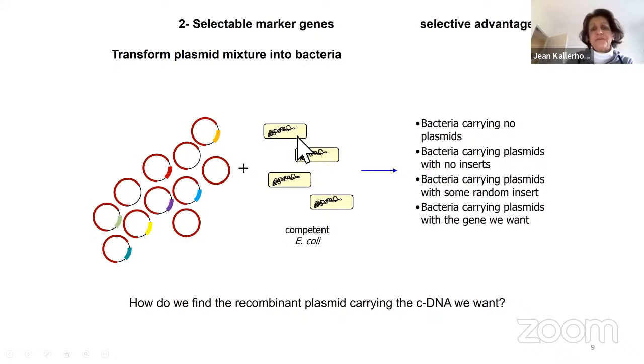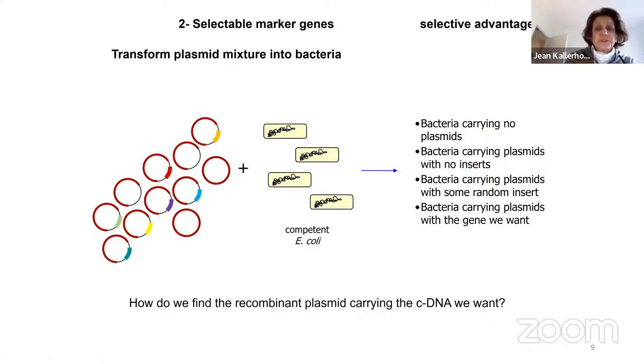So here, you can see that you have a population of plasmids carrying different foreign sequences, from the gene sequences you want to clone. And you have another population of plasmids that has not taken any foreign sequence.